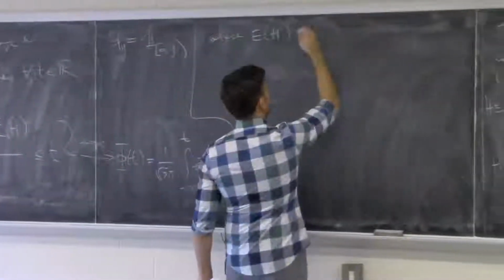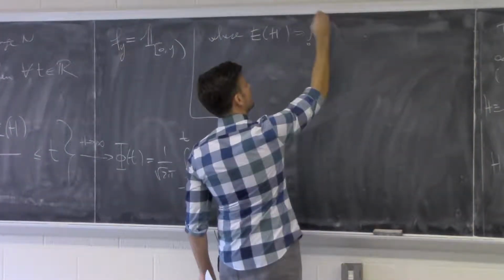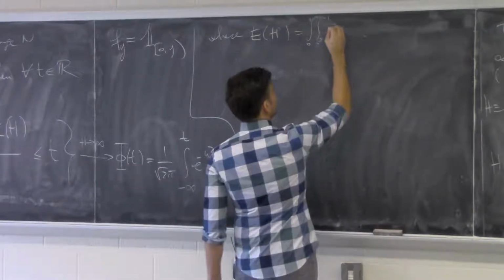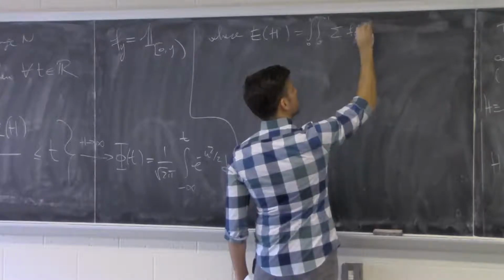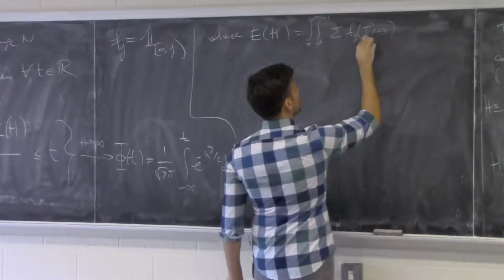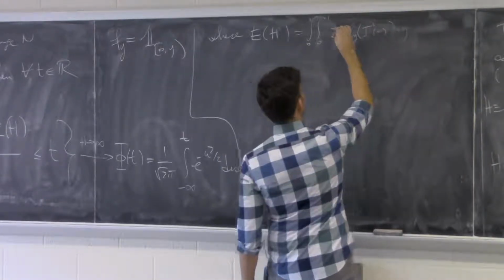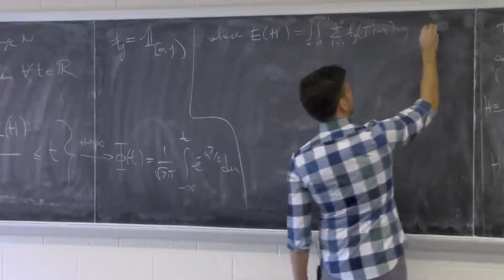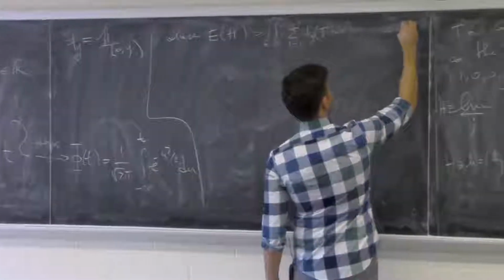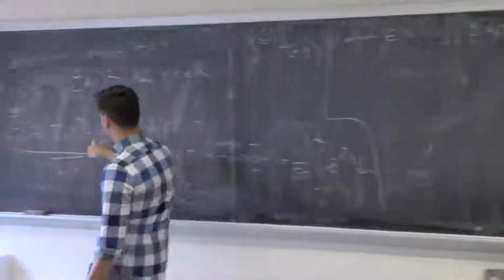So E of h will be a double integral over 0, 1, 0, 1 of the sum f sub y of T^i of 0 minus y, i from 1 to z h, dz dy, something like that.